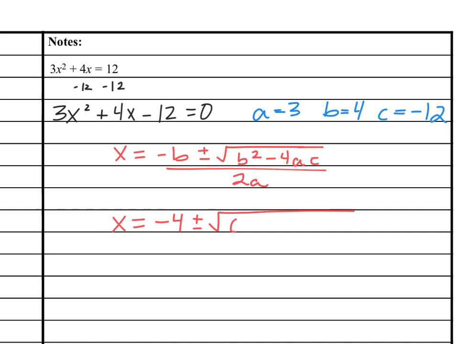So 4 squared in parentheses, minus 4 times A is 3 times C, negative 12. All over 2A, 2 times 3.